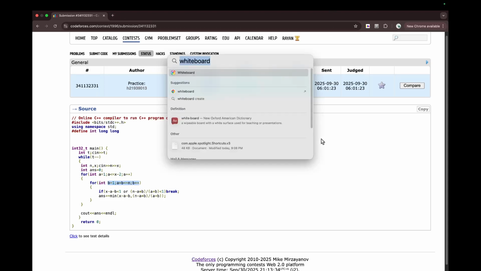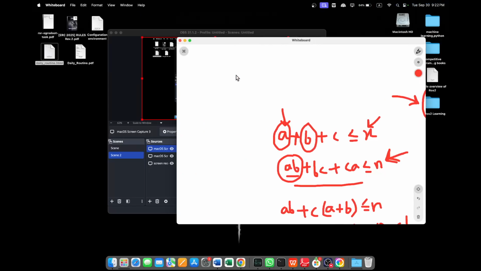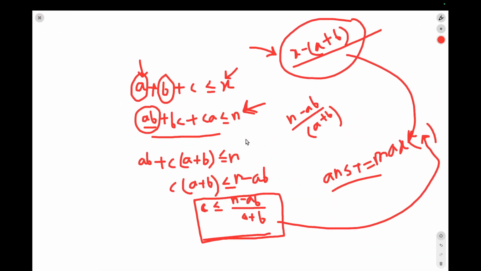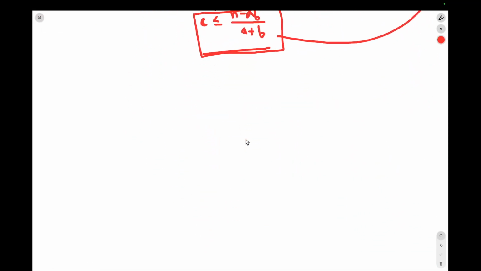Okay, whiteboard. For each a, what will be the possible values of b? For a equals 1, what will be our possible b values? That is n by a. Why?